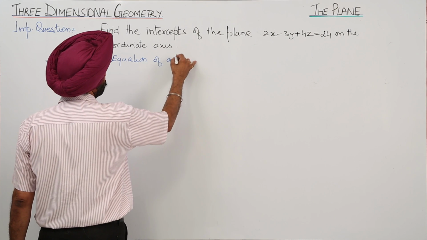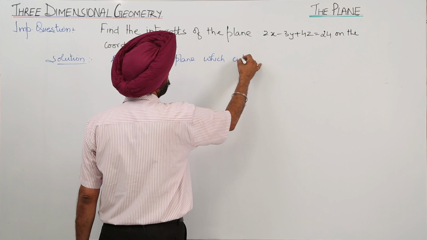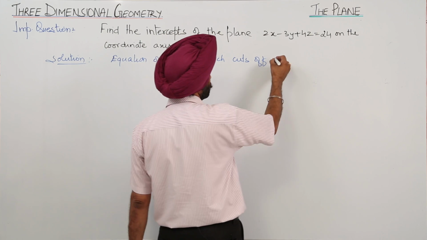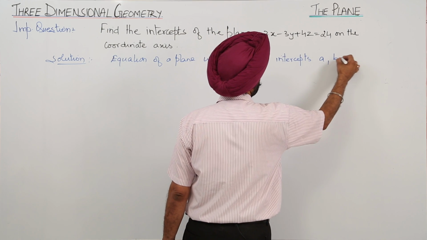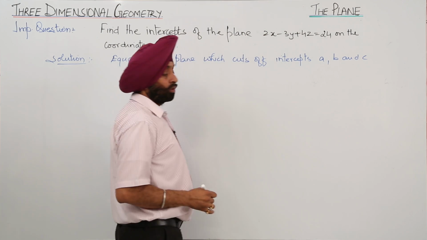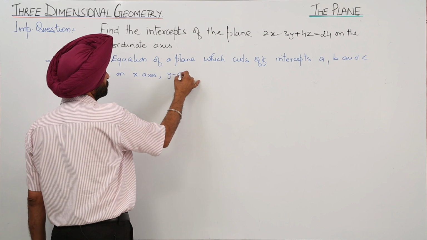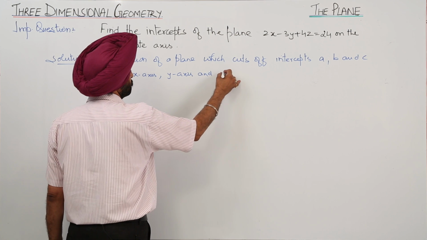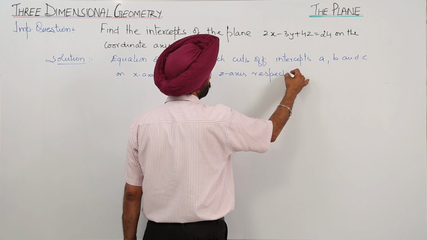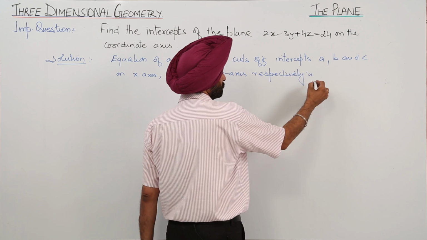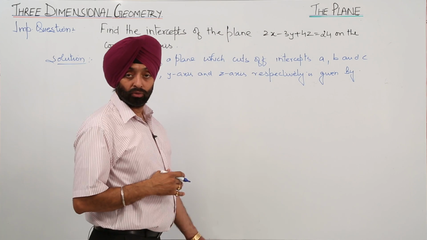The equation of a plane which cuts off intercepts A, B and C on x-axis, y-axis and z-axis respectively is given by, we have already done this topic, okay.